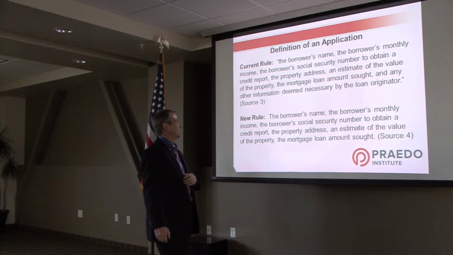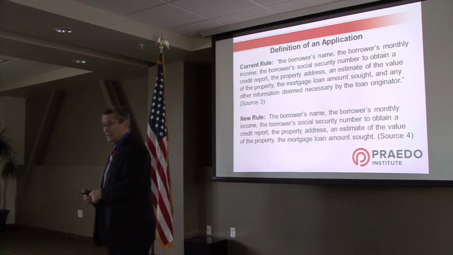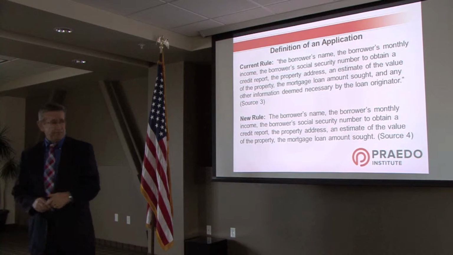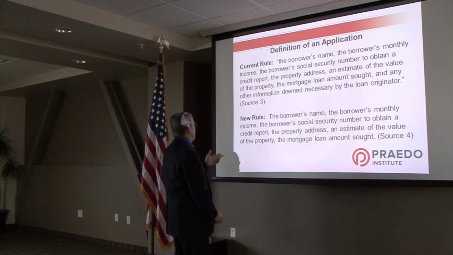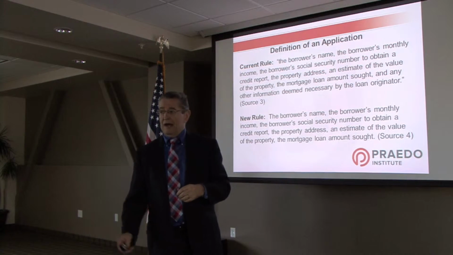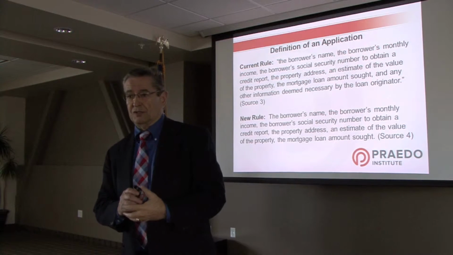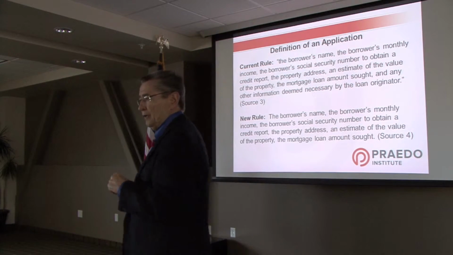So let's talk about some changes here. The first thing I want to talk about, this is fairly significant, is the definition of an application. The top one is the current way the application is defined, and the bottom one is the new way it's defined. Now, we won't play 24 questions here, but there's a slight difference in the two regulations.